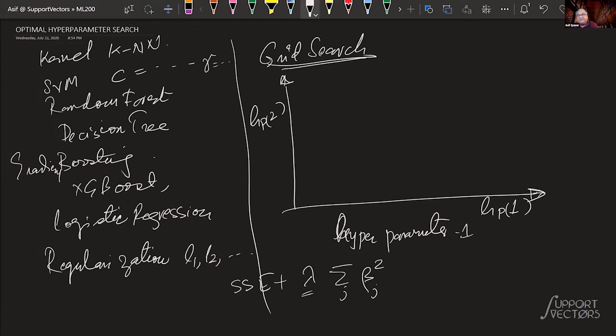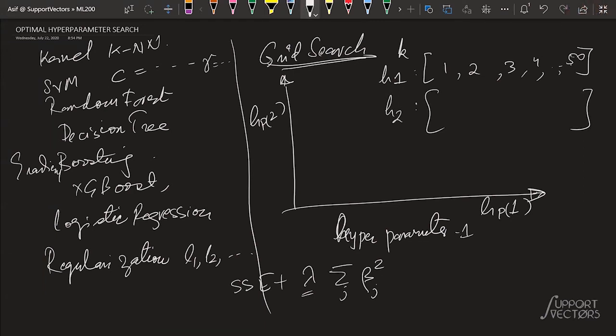So there are a few basic things that you can do. You first take hyperparameter 1. Let me just call it H1. And you choose an array of possible values. So for example, if it is K in the kernel, you could take 1, 2, 3, 4, all the way to whatever you think reasonable. Let us say 50 neighbors you can take. So let us say that you have another hyperparameter which can take values from 0 to infinity. So how do you go about it?